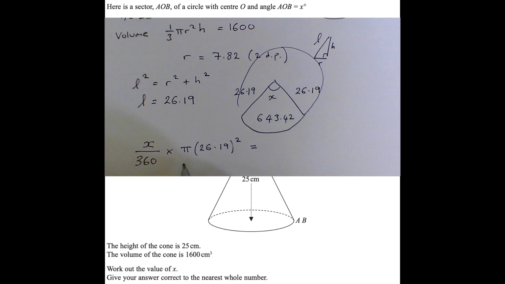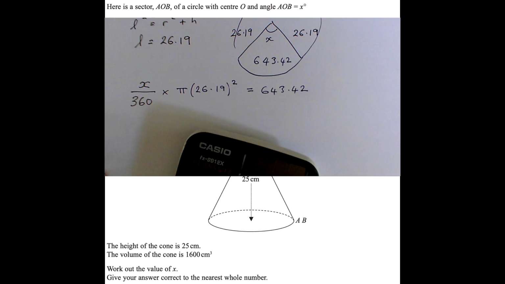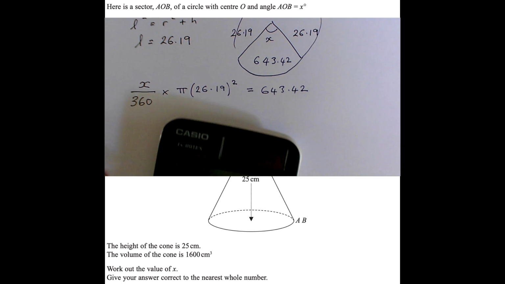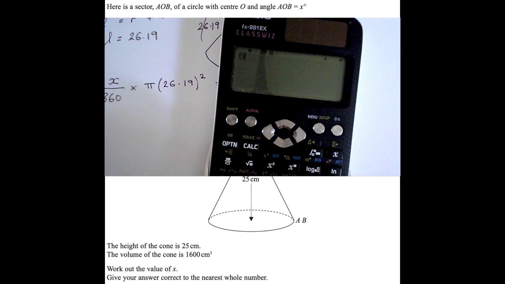We just worked out that the area we've got is 643.42, so that's enough to solve for x. If I do 643.42 divided by pi divided by 26.19 squared and multiplied by 360, I should get my value of x.